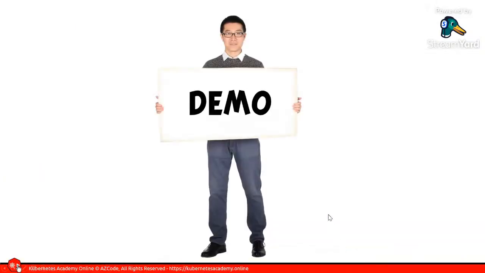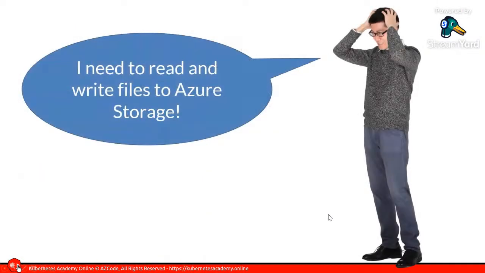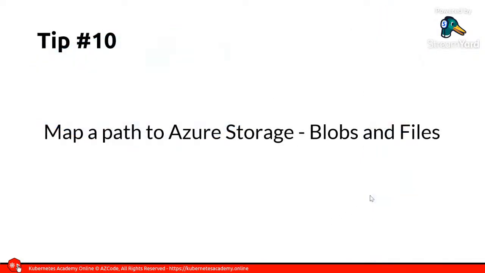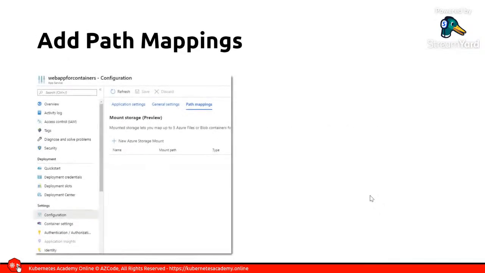But you may want to instead read and write files directly into Azure storage instead of writing to the VM directly. Tip number 10, you can map a path to Azure storage, either blobs or files or both.